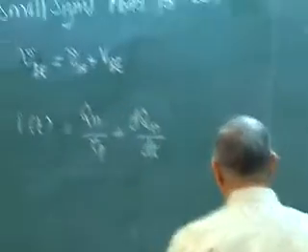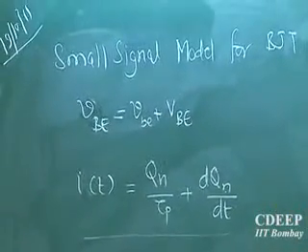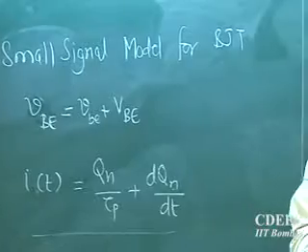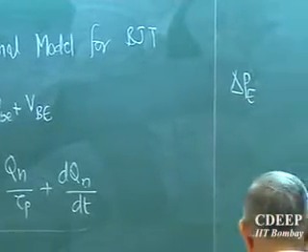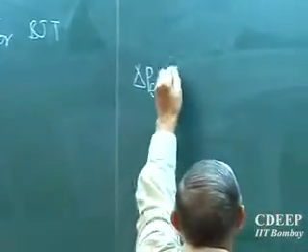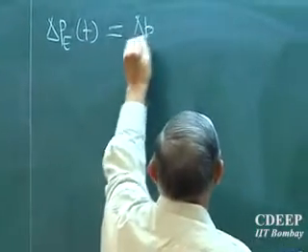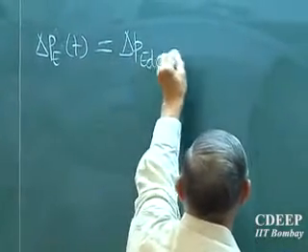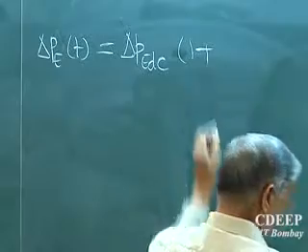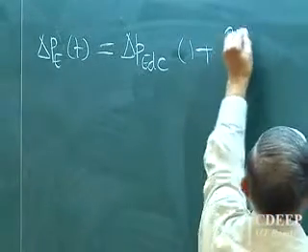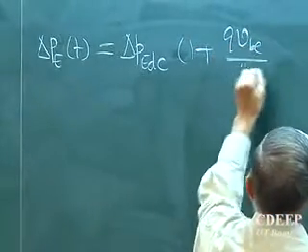What is my interest is, I also said last time, delta PE, which is the excess, can be written as, this is for the PN junction, I am just repeating what I did earlier, 1 plus QVB by KT.